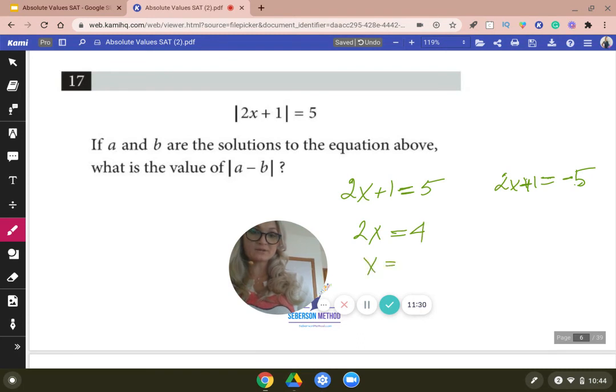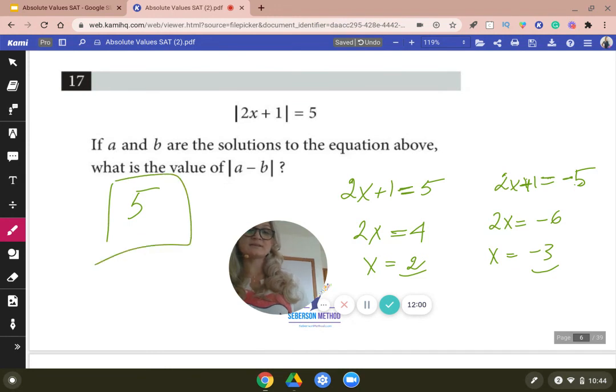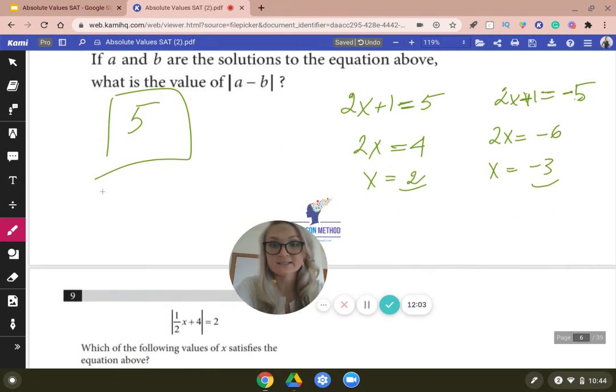X is equal to 2. 2x is equal to negative 6. X is equal to negative 3. So one solution is 2, another solution is negative 3. So 2 minus 3 is going to be 5 in absolute value. You can also do negative 3 minus 2, which is negative 5. Absolute value of negative 5 is going to be 5. So 5 is the answer here.